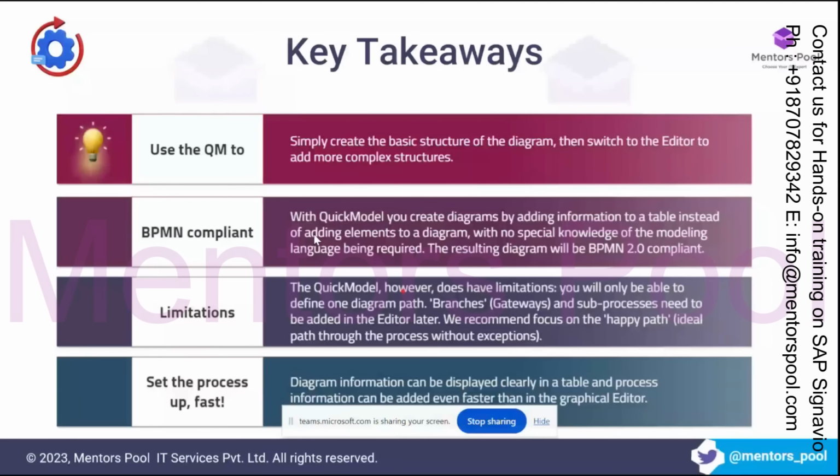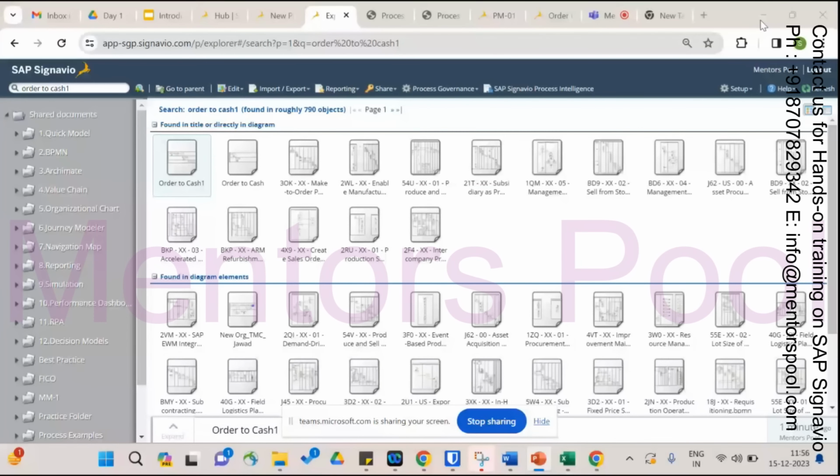Diagram information can be clearly displayed in the table, and process information can be added even faster than in the graphical editor. Otherwise you have to go into the custom attribute, define those attributes, and add them, but in the table layout itself, you can add it. So these are the takeaways for the quick editor. I hope quick editor is clear to all of you, and you will be able to create a diagram using quick editor and later modify it using core diagram elements.